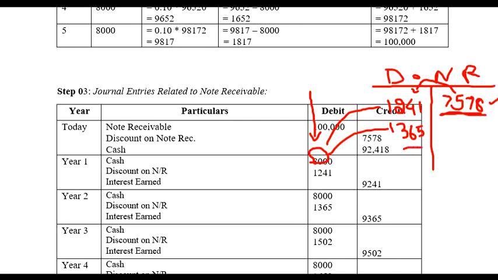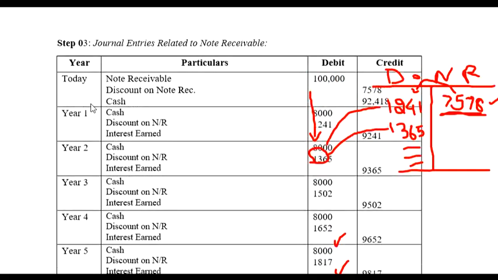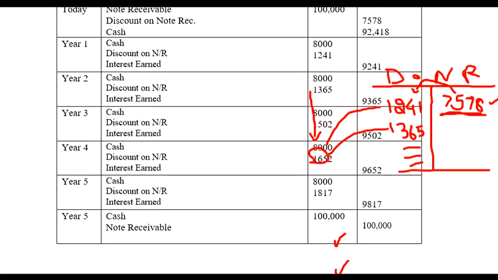Likewise here in the third year, the fourth year and the fifth year, you will adjust these values. Like this is the third year value, then this 1,652 is the fourth year value, and the fifth year value is 1,817. You're going to write all these values here.